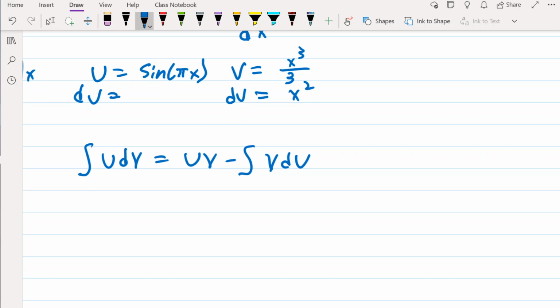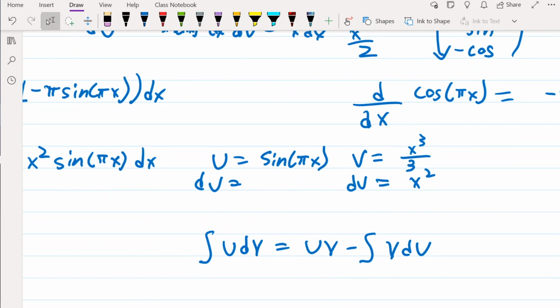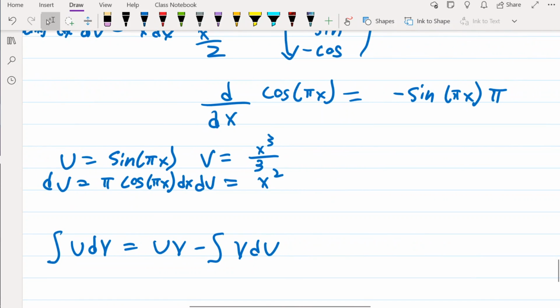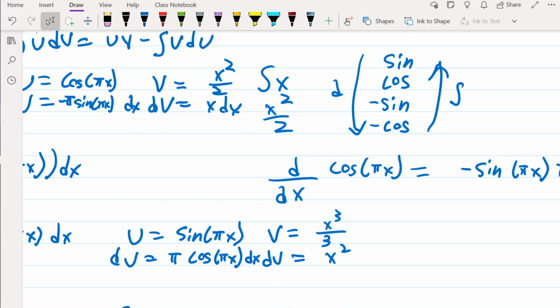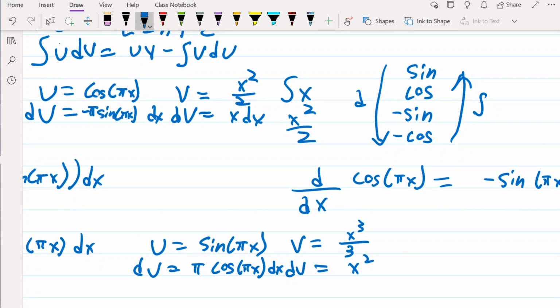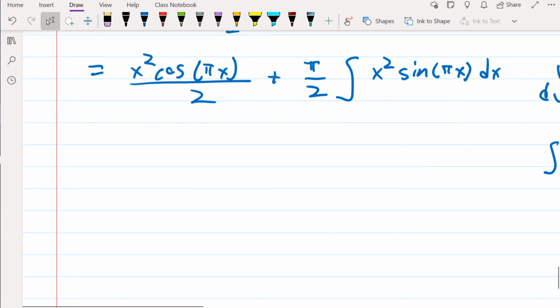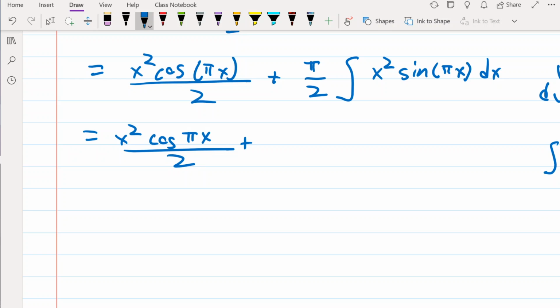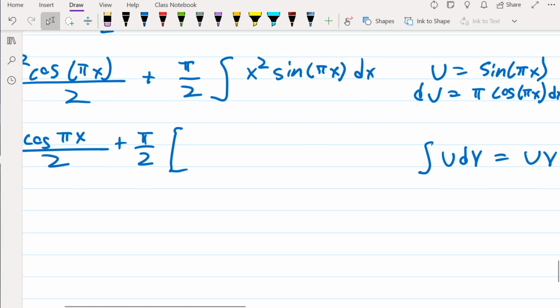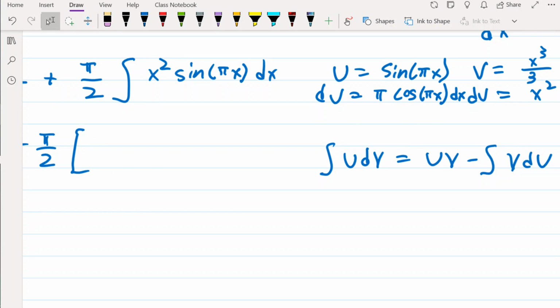So we're going to take the derivative of sine pi x, so we get pi cosine of pi x dx, which we can get through the chain rule, again using this up here as a little cheat sheet for derivatives and integrals. That is equal to x squared cosine pi x over 2 plus pi over 2 times, now we're going to set this integral equal to u dv equals uv minus the integral of v du.